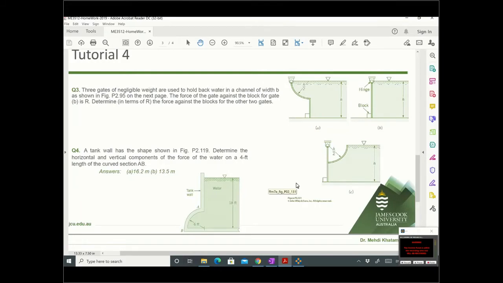Where is the resultant? What is the position of the resultant? Did you draw the diagram for the gate? Just the flat, straight gate. You have pressure outside. You put the resultant at the bottom.